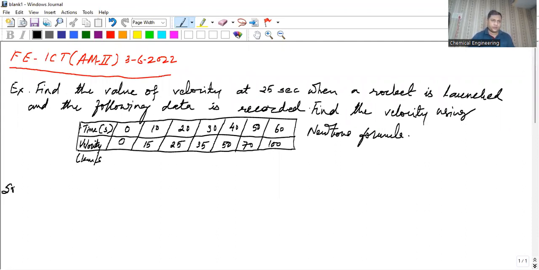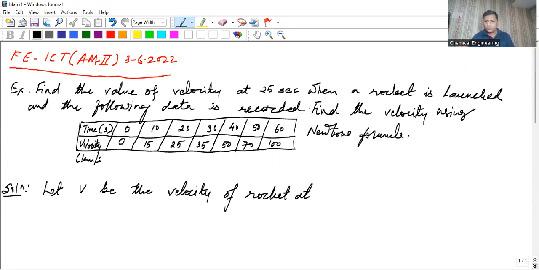Okay, so we go with the solution. Let V be the velocity of the rocket at time t.